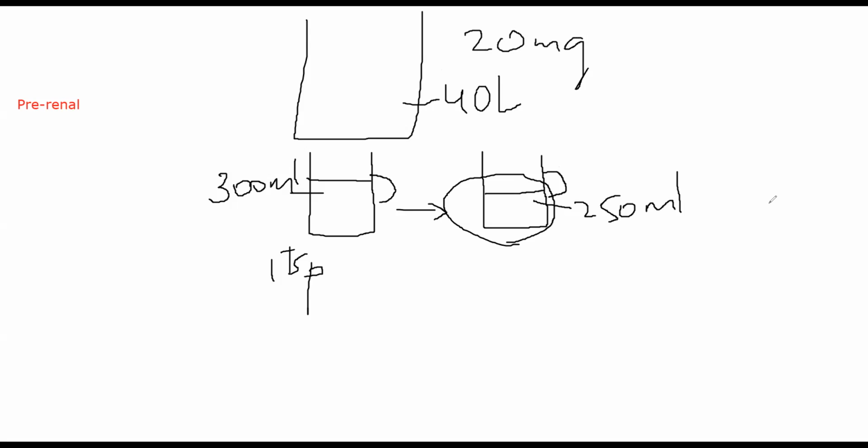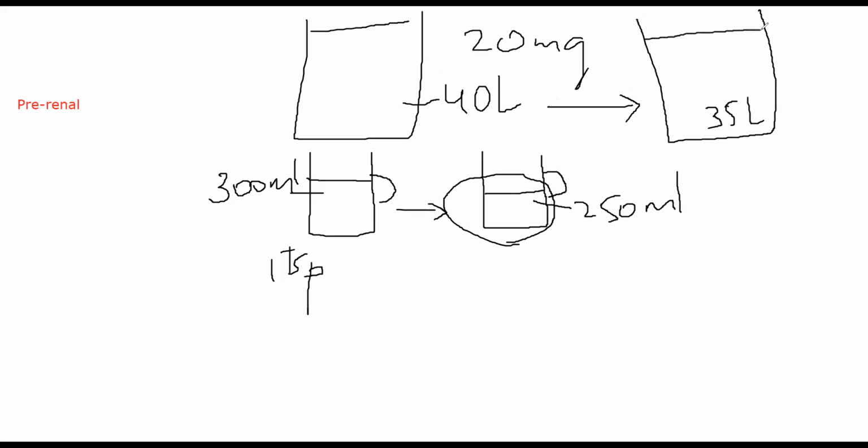Okay, let's suppose this is normal, and because of dehydration or volume loss or whatever reason, the volume of fluid in your body decreases. This has become 35 liters now. So initially it was 40 liters, now it has become 35 liters. All right, and the urea content is the same, but what will happen to its relative concentration?